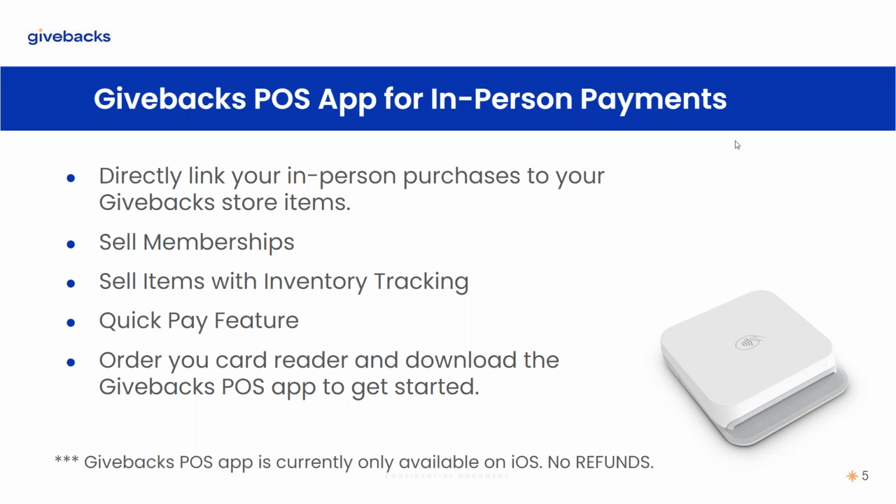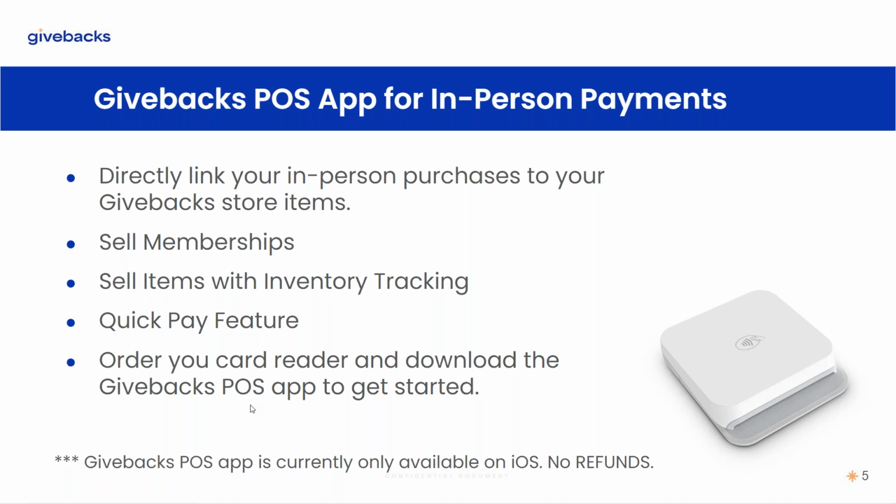Now, if you want, you can use a quick pay feature where you don't have to enter all the customer's contact information. You can just charge a dollar amount and move on to the next person. To use the Stripe credit card reader, you are going to need to download the GiveBacks point of sale app.